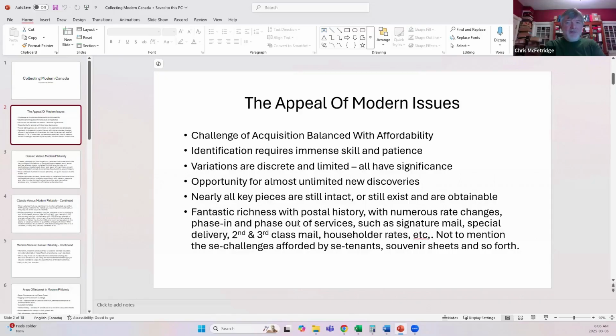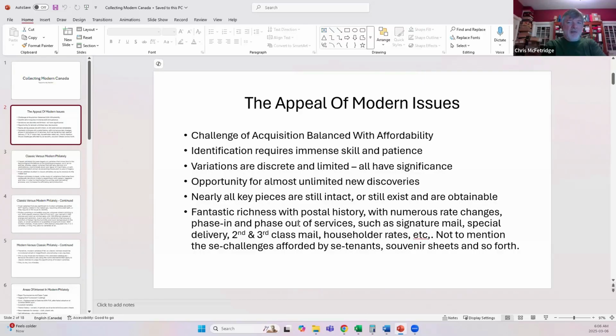And so you're left with conjecture in most cases. But with modern philately, you can actually seek out and still acquire most issues in full sheets. It's getting harder and harder naturally, but for the most part, it's still available.